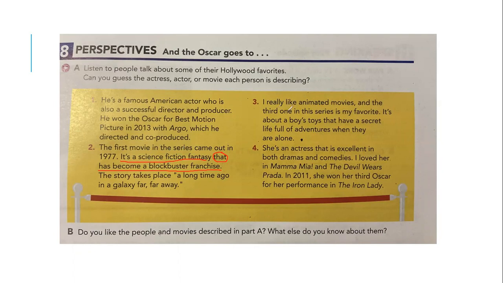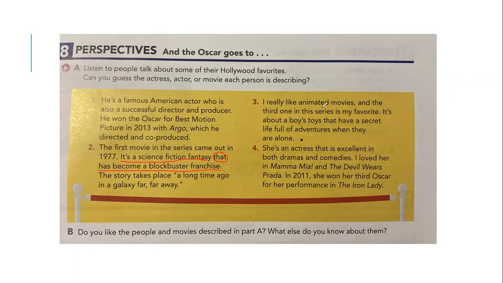In the third text, can you find the example? You can pause the video and check the answers for 3 and 4. Pause the video and try to identify the sentences with the relative clause, the relative pronoun, and the main clause. Ready? Okay.